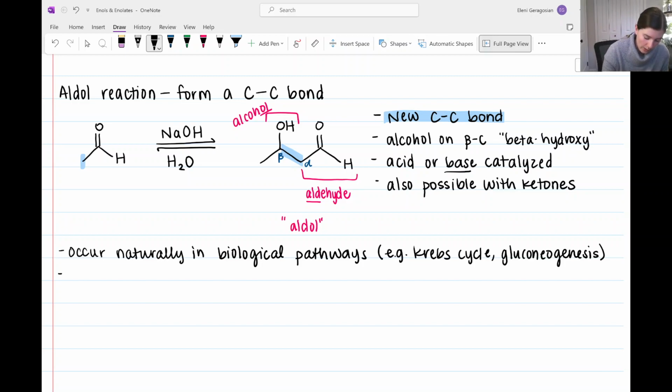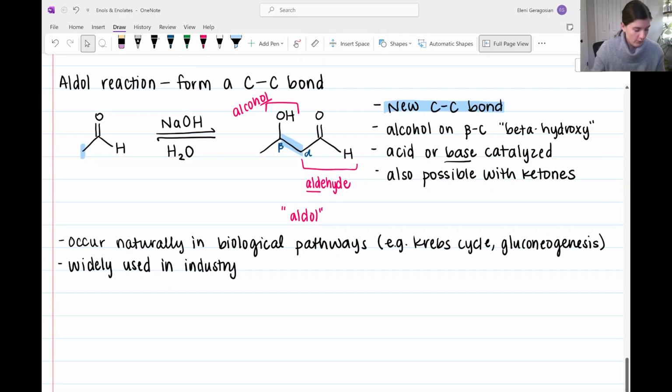It's also widely used in industry. We talked about this with organometallic reagents. It's very useful for someone producing molecules to be able to create a new carbon-to-carbon bond without having to use a metal catalyst. So in this reaction, as opposed to when we're working with organometallics, there's no metal in the reaction here. So this is, again, a very useful mechanism.